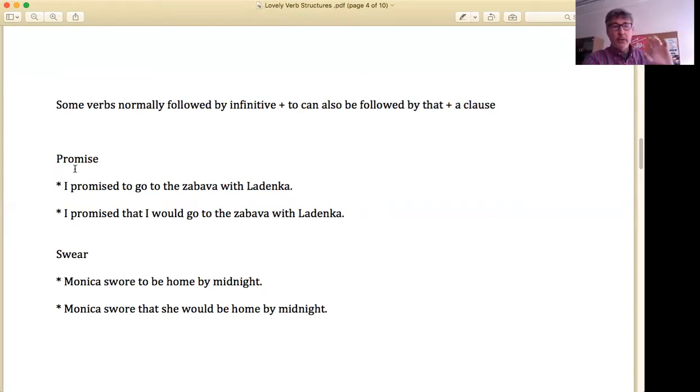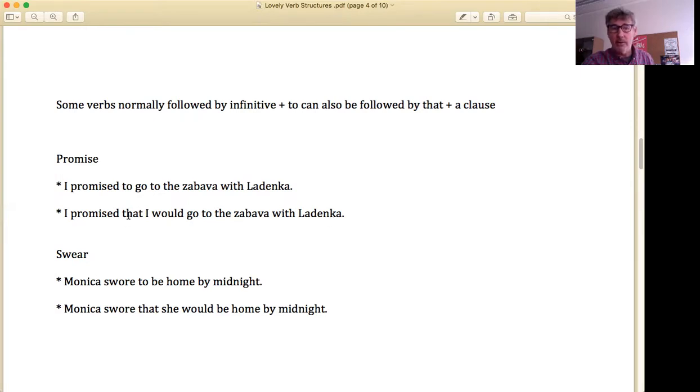So you can use promise, for example, with infinitive. I promise to go to the Zabava with Ladenka. That's pretty clear. That's an infinitive. Now, you can also create your sentence, and you know this instinctively, with a clause. Promise allows you to do that. I promised that I would go to the Zabava with Ladenka.